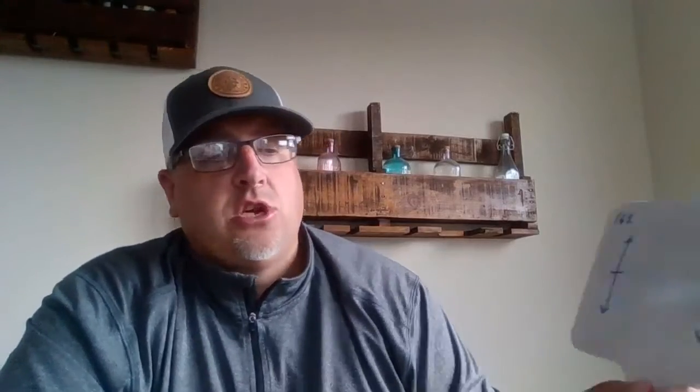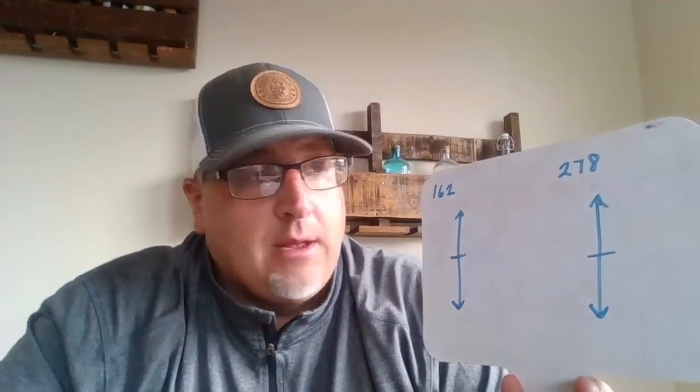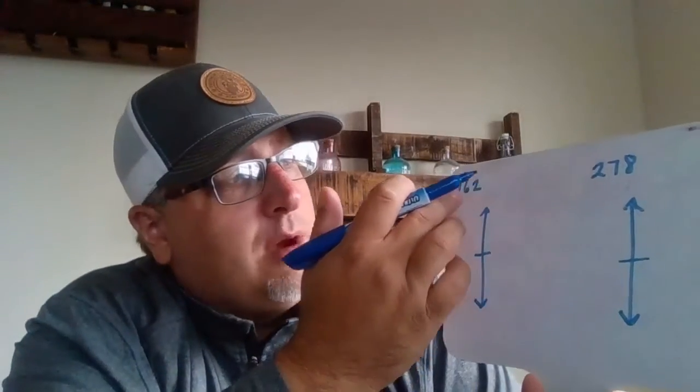Now, what we're going to do here is, don't freak out. We're going to look at a 3-digit number. We're going to use our vertical points again and understand what the rounding up and what the rounding down is going to be, and then we're going to plot it. So we've got 162.